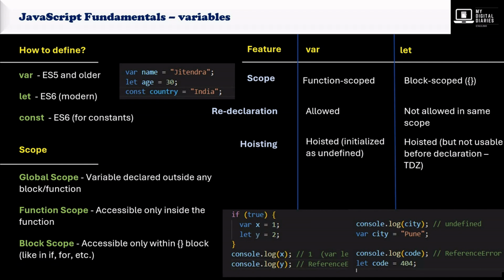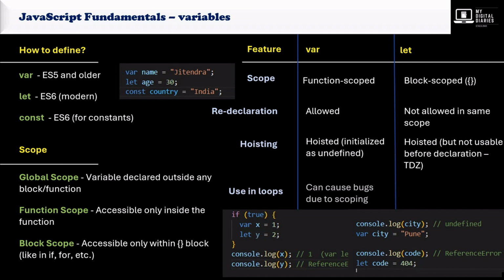But it will not initialize it. So that's the reason it will not throw an error on this line, but it will give you undefined. Whereas if you are using let, and you are defining let city here, then in this case this console.log is in the TDZ. So that's the reason it will give you a reference error.